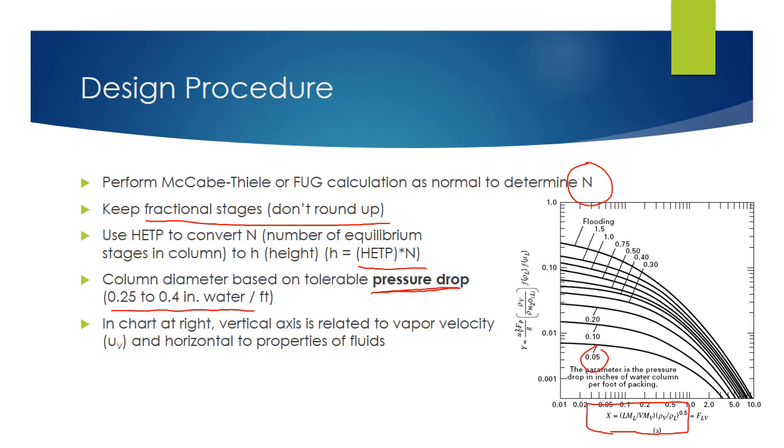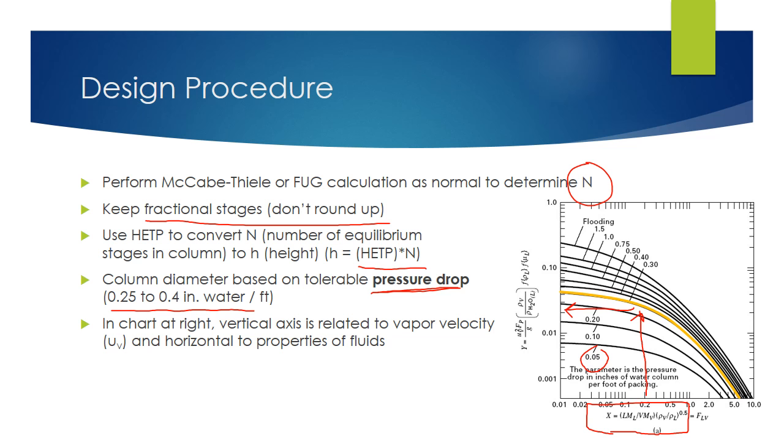And so basically, if you know L and V because you did your design, you could calculate the value of X from the substances that you have. And then you can take that, choose what pressure drop is acceptable. For example, if it's 0.3 inches of water per foot, that's the orange highlighted curve. And then take your value of X, which you would get from your design, and find out what the vertical axis needs to be. So for example, it's here 0.025 or whatever it happens to be.